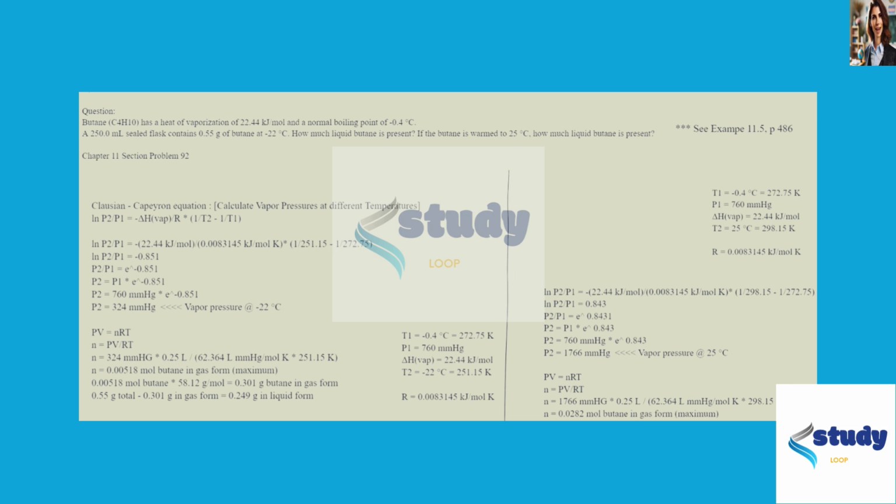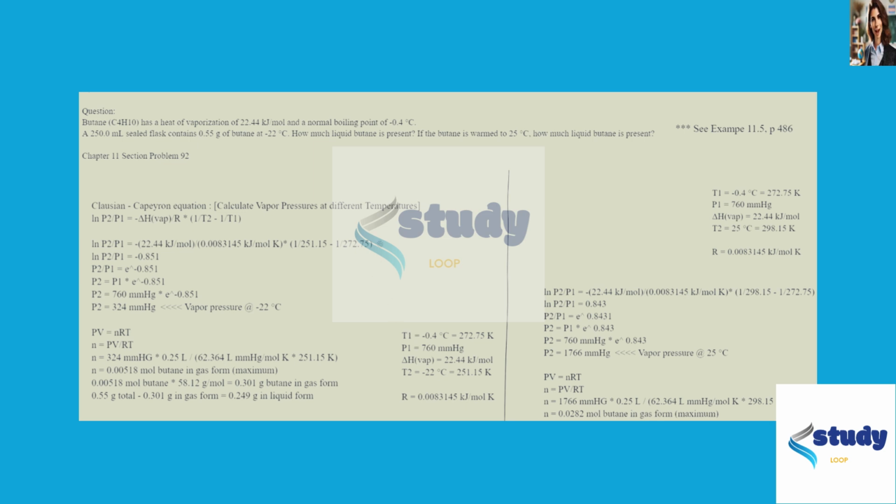The other thing we have to calculate before we start the main calculations is that T2 in Kelvin. So minus 22 degrees Celsius plus 273.15 is going to give us 251.15 Kelvin. You have to pick a gas constant, and because they give us kilojoules for our delta H vap and moles, we can use 0.008345 kilojoules per mole per K as our gas constant.